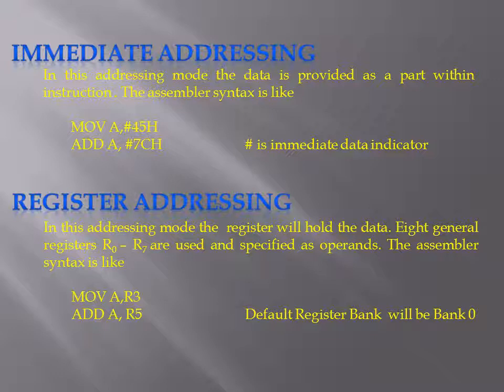But by default, if you use registers, it will be taken as bank 0. MOV A, R3 means the data in register R3 will be moved to the accumulator. ADD A, R5 means R5 data will be added to the data of the accumulator.